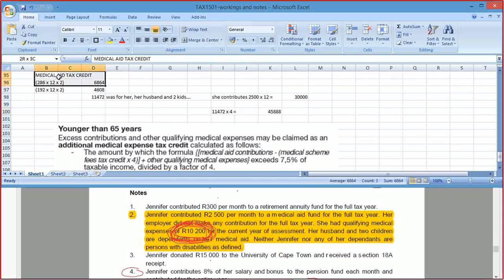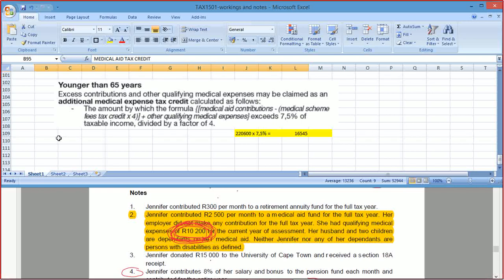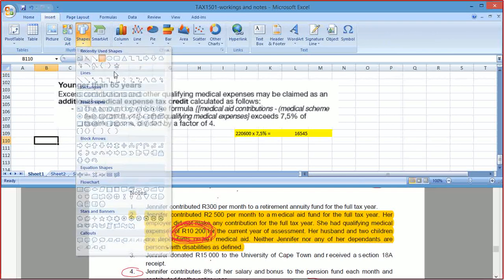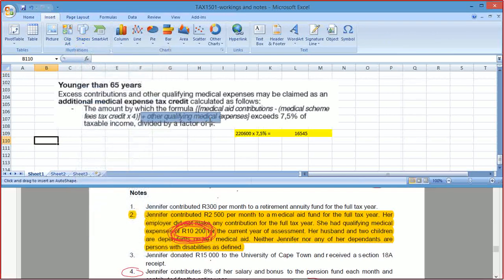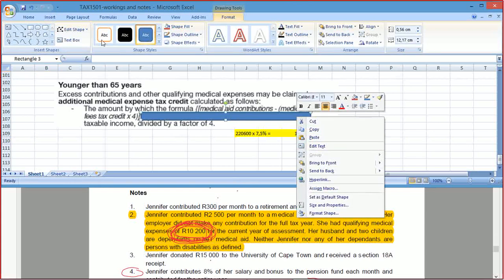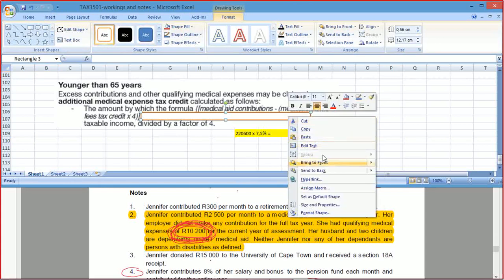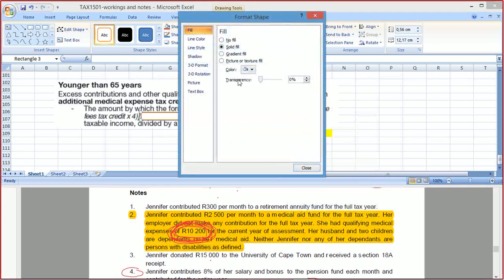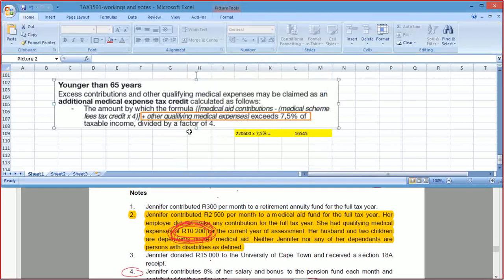Okay, so we're looking at her tax credit, and then now we're looking at the medical expenses. See? Let me highlight this. Let me put a circle around it. I'm looking at that. Do you see that?